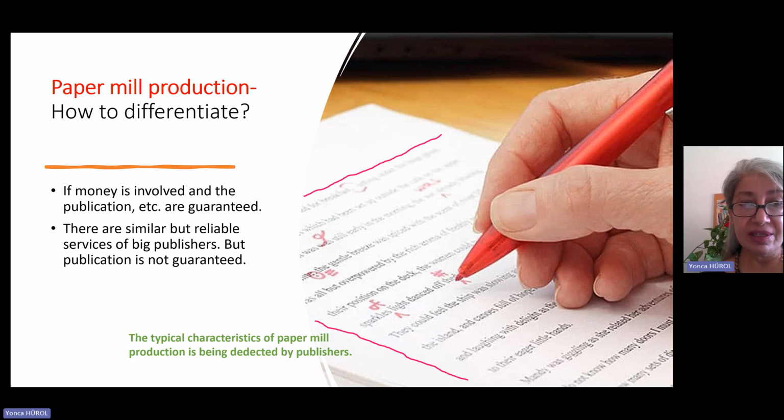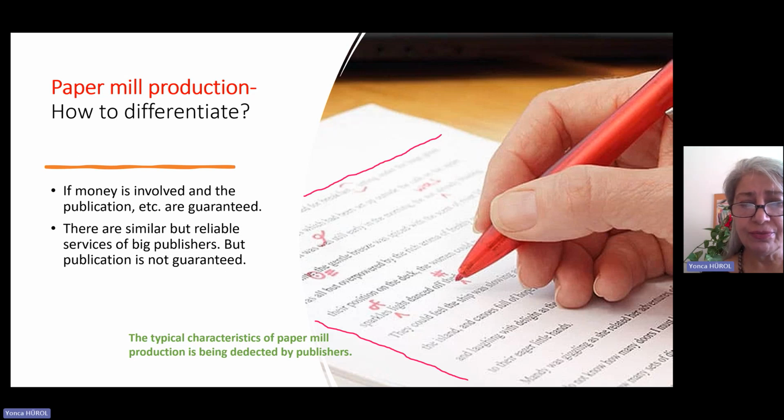So these are also followed up by important publishing companies, because they found out the general characteristics of these type of publications, and they know that the email addresses of the authors are false email addresses.